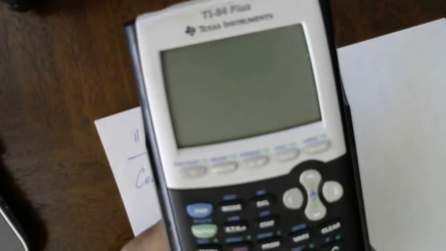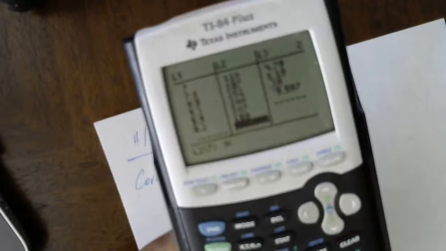Okay, so give me 1 second. I'm going to turn this on. So here's an example of a calculator that hasn't been reset.